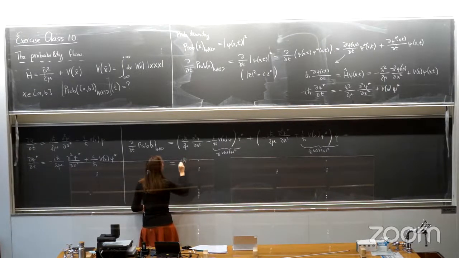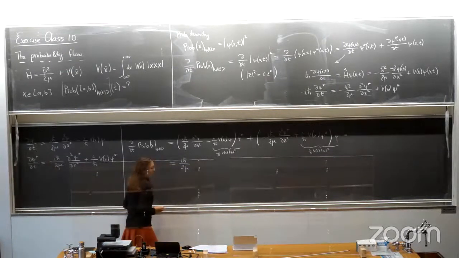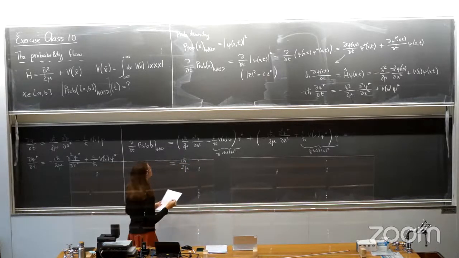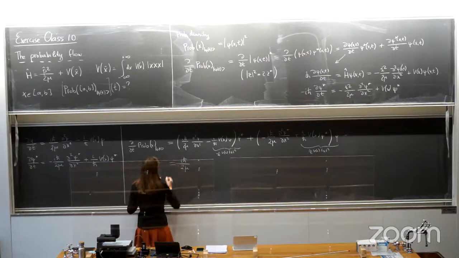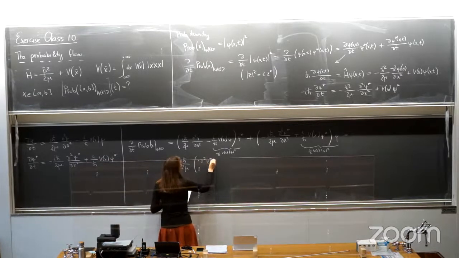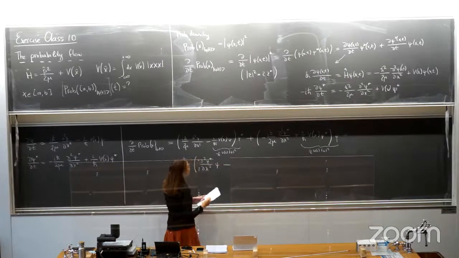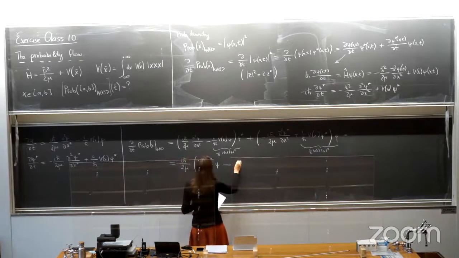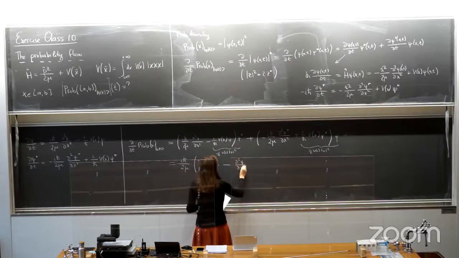We can take out minus iħ over 2μ, and what we're left with is d2ψ star/dx squared ψ minus d2ψ/dx squared ψ star.